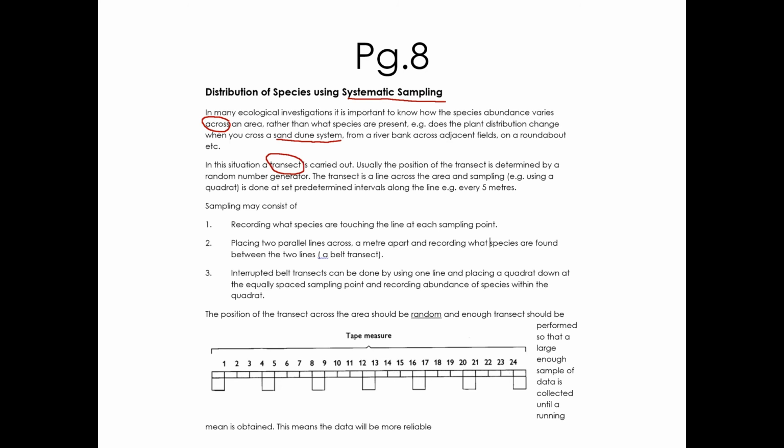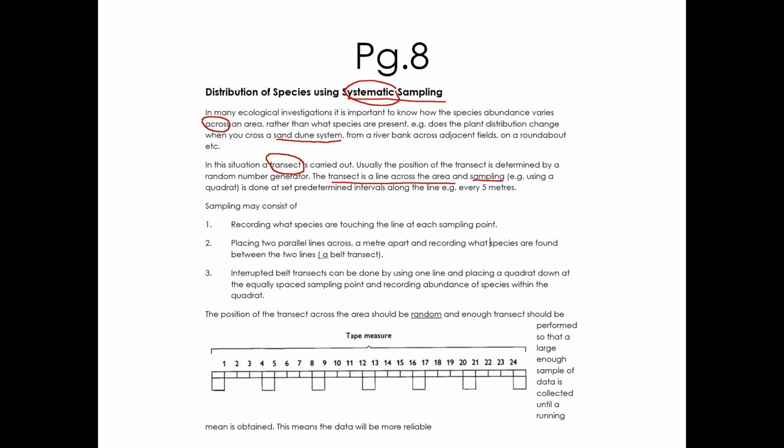Okay, the position of where we place that transect can be determined randomly, so we'll come back to that in a minute. But the important thing is that the transect is just a line across the area at which samples are taken systematically.